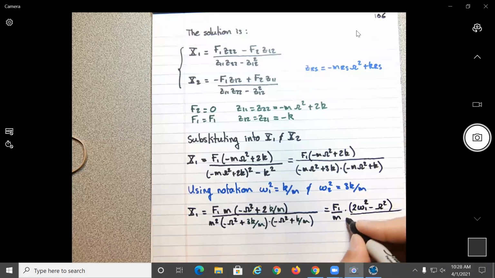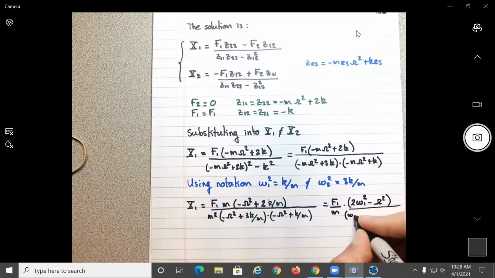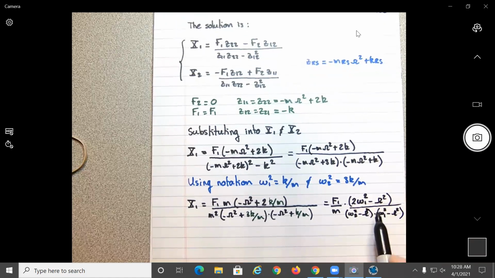And the bottom would be omega 2 square minus capital omega times omega 1 square minus, oops, I forgot the square over here, square minus capital omega square. Here this is a square, okay? It's very small, but it's a square.